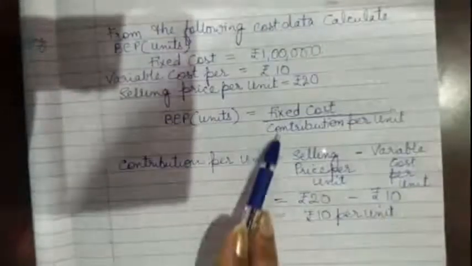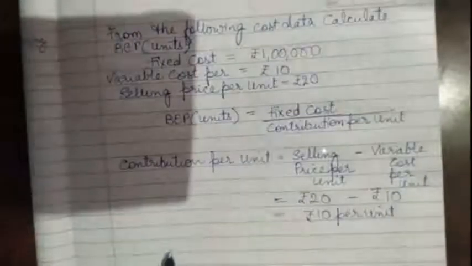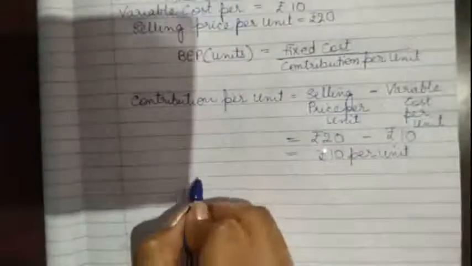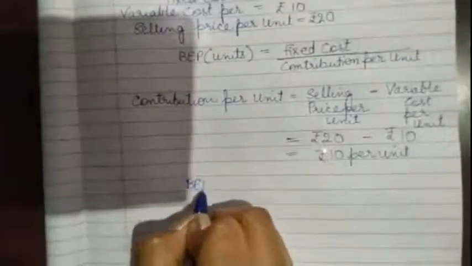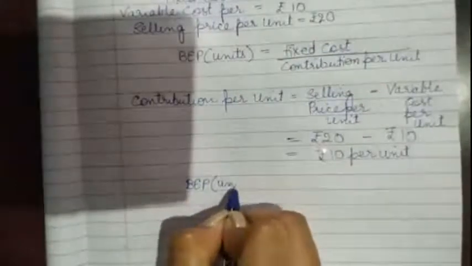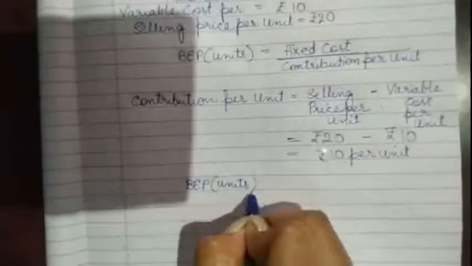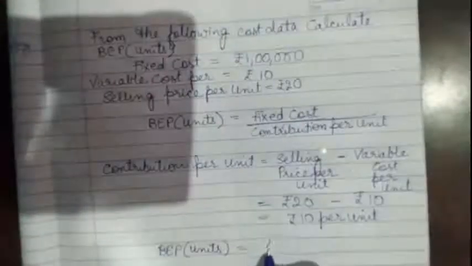Now we have the contribution per unit, so we can calculate BEP in units. Already we have written the formula, so no need to write the formula again. Fixed cost is rupees 1 lakh.